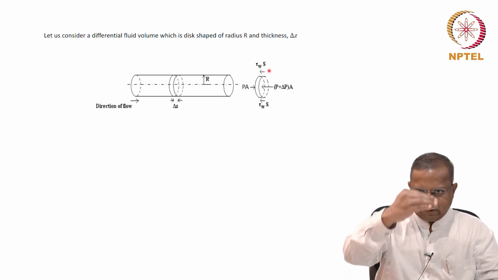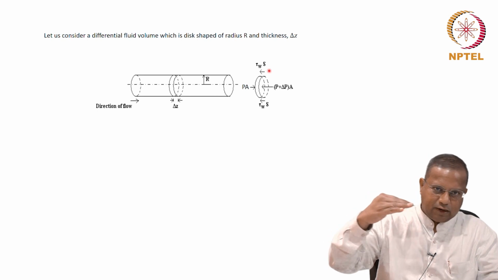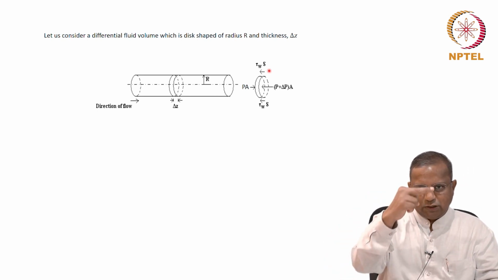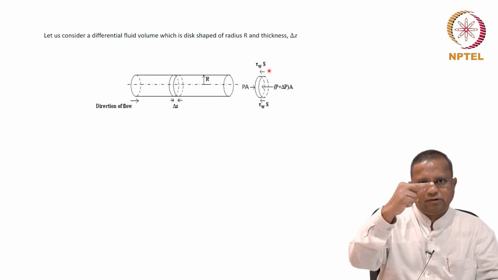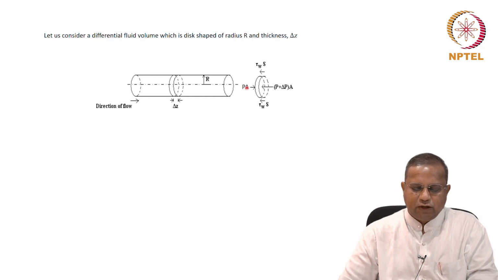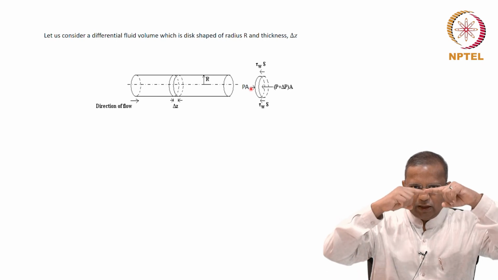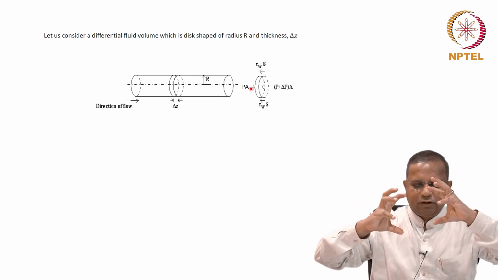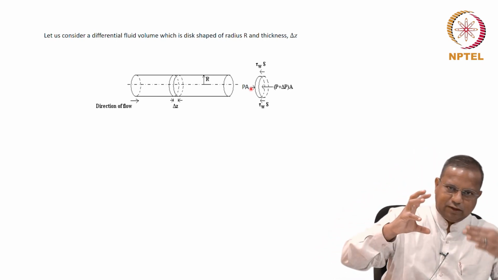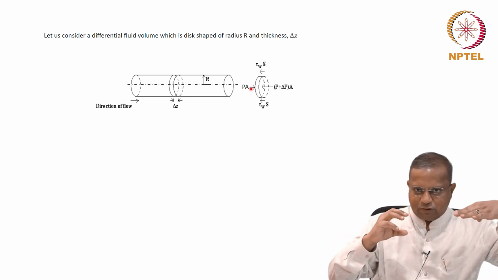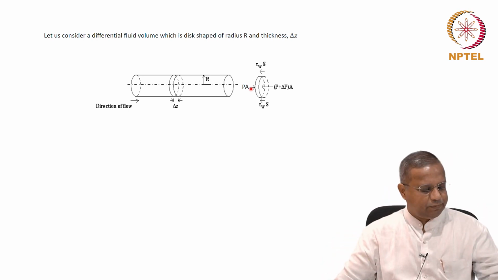And of course, there is a wall shear that opposes the motion, and that wall shear is going to act all along the circumference. So you have a pressure force acting this way, a pressure force acting this way, and a wall shear force that is acting in this direction, which is opposite to the direction of motion.